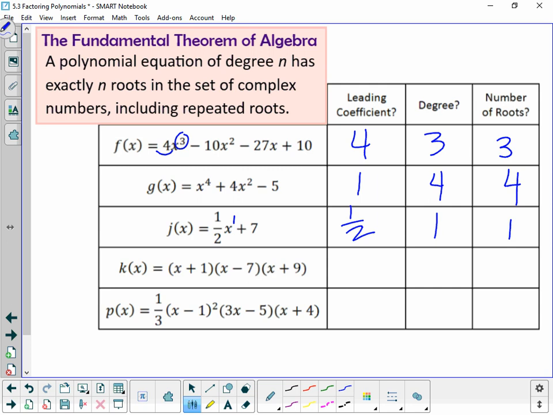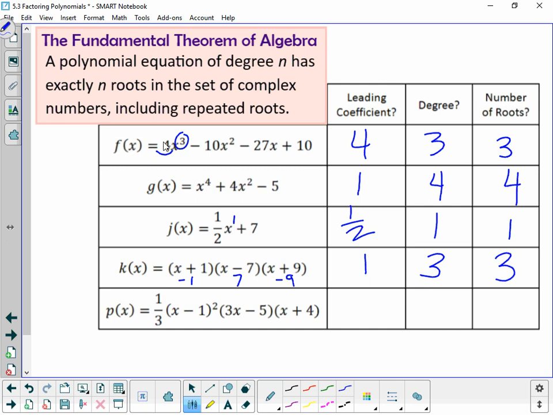K of x is in intercept form, but if you think about each of those factors, you could decide that it has a leading coefficient of 1 if you multiplied it all out in standard form, and the degree would be 3. So it has 3 roots, and we can actually immediately tell what those roots are.